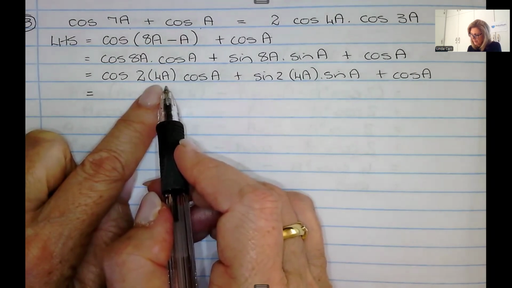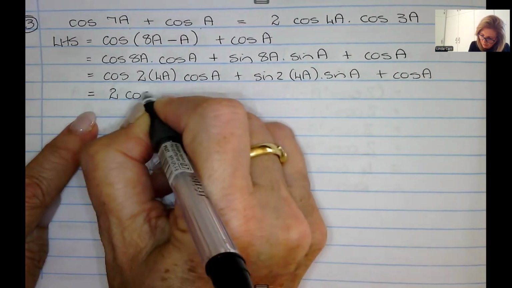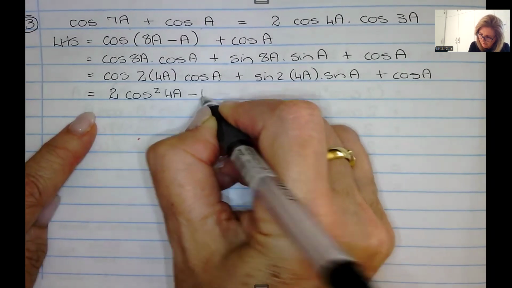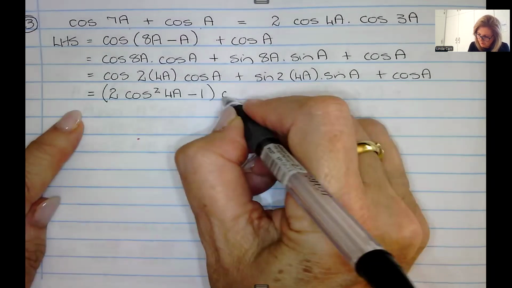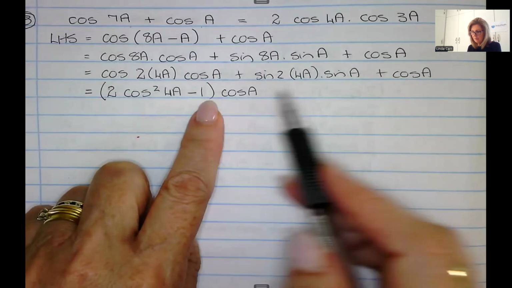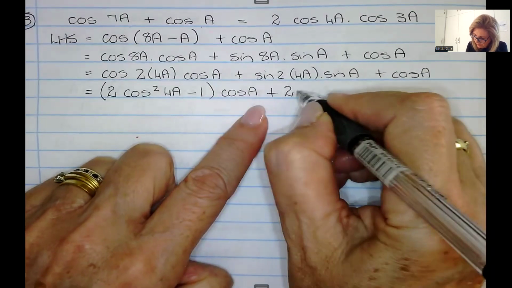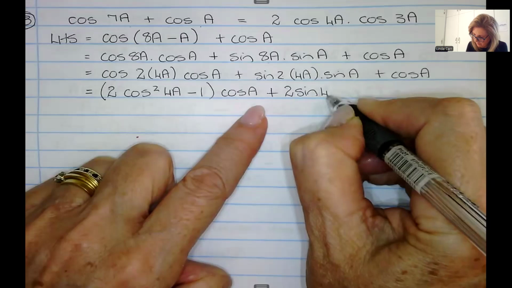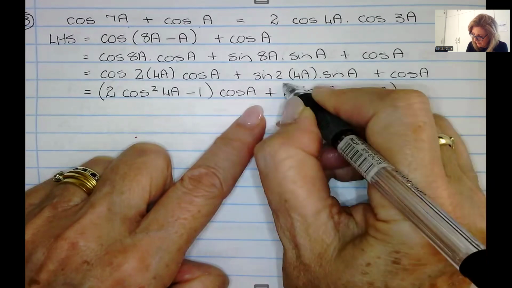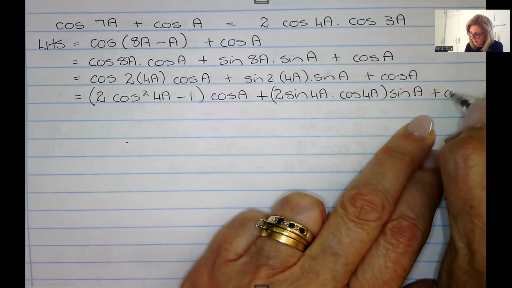And I'm going to stick with the cos. So I'm going to go 2 cos squared 4a minus 1 times cos a. My reasoning being that maybe the minus cos a and the plus cos a will cancel out with each other. The sine, I have no option. 2 sine 4a cos 4a times sine a plus cos a.